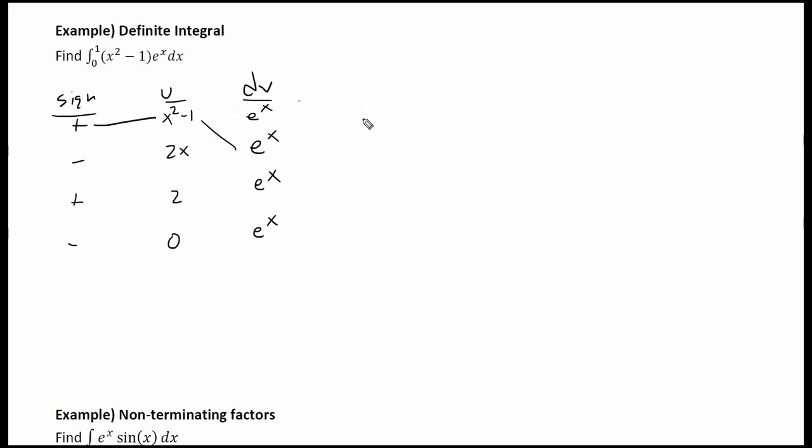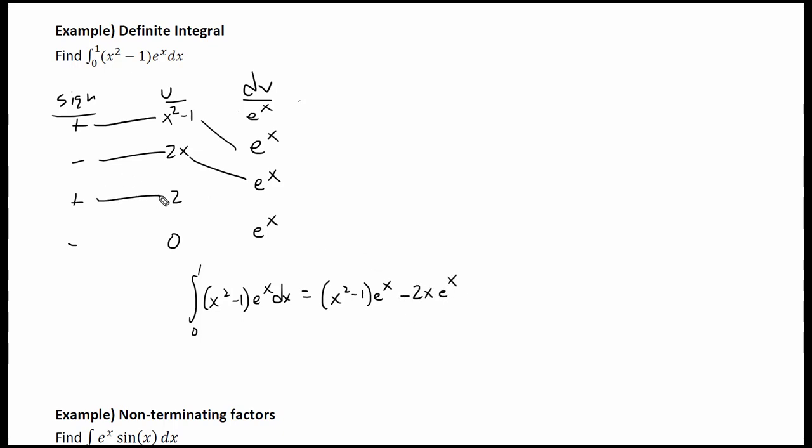And I'm able to then rewrite the integral from 0 to 1 of x squared minus 1 e to the x dx as x squared minus 1 e to the x, minus 2x e to the x, and then plus 2 e to the x, and then really plus 0. That doesn't matter. But all of this is being evaluated from 0 to 1.